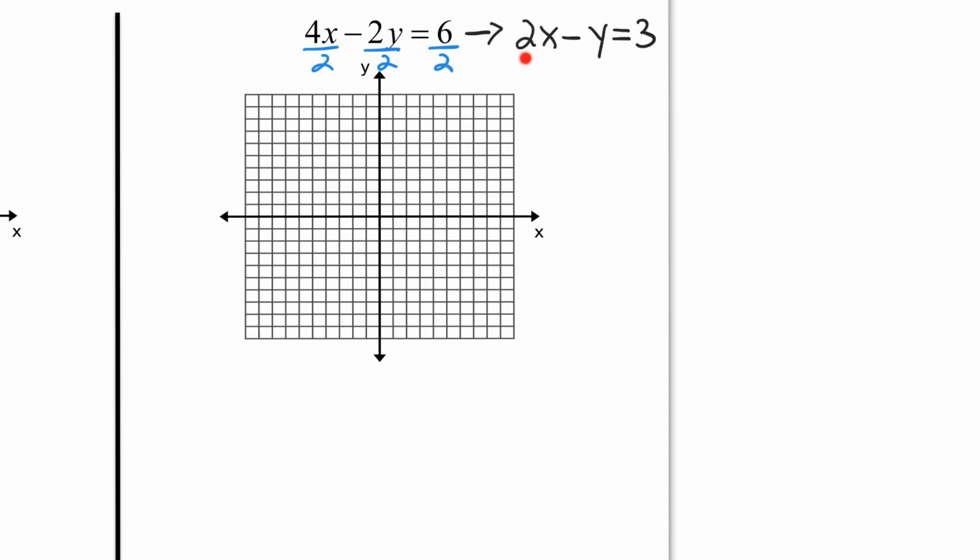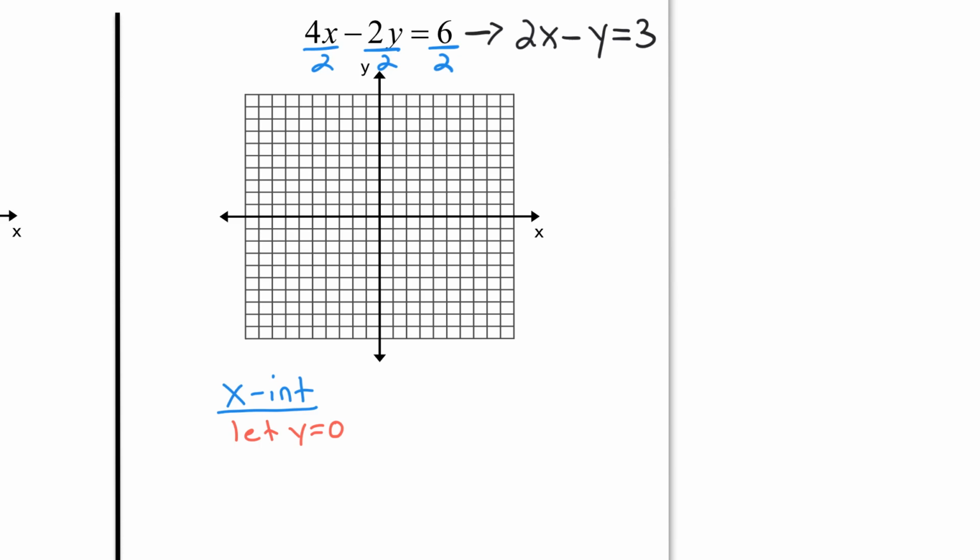Now you are going to work with this equation here. Here's the actual tip that I'm going to give you. To find your x-intercept, remember that we let y equal 0. In other words, you can ignore the y, because anything times 0, if you substitute a 0, is nothing.